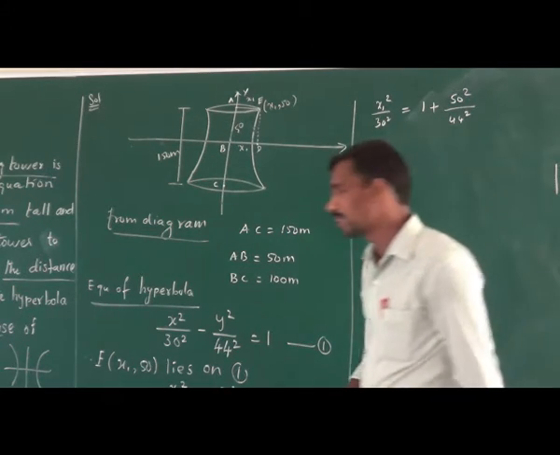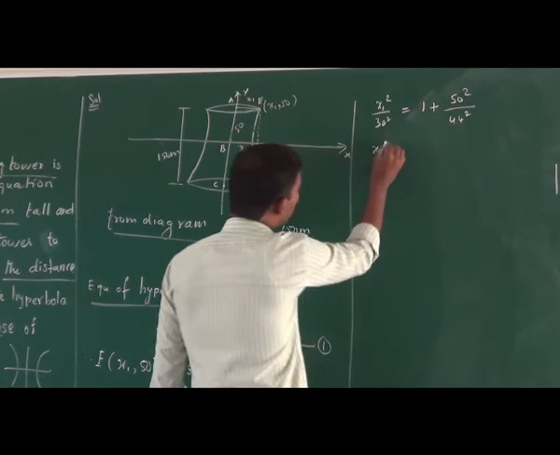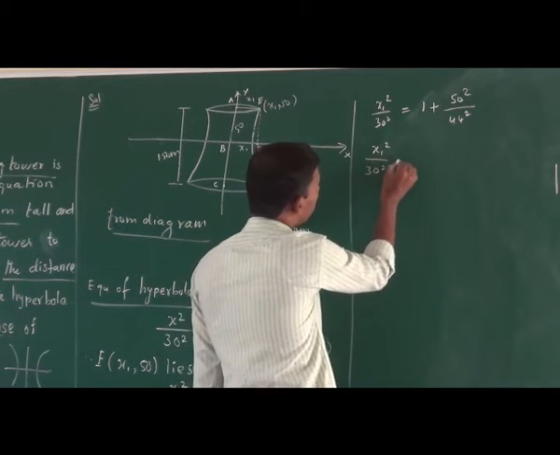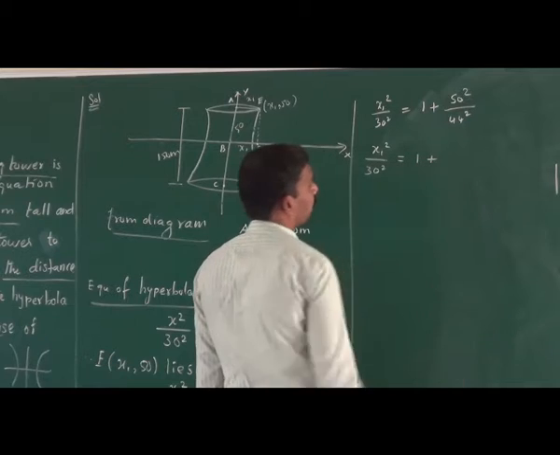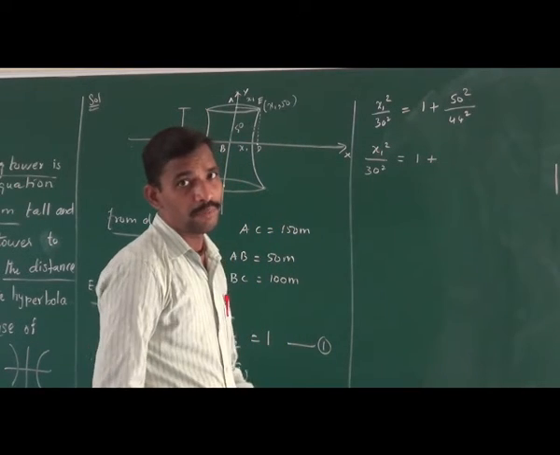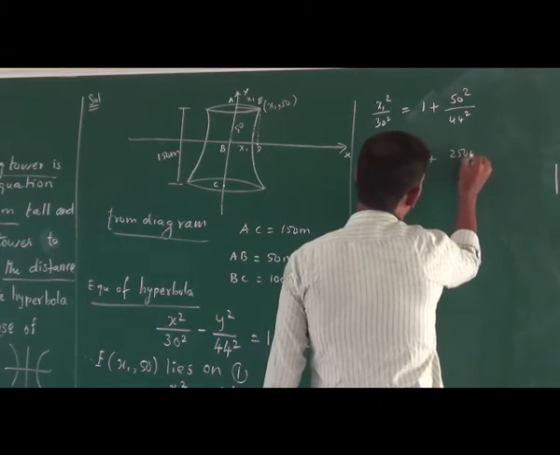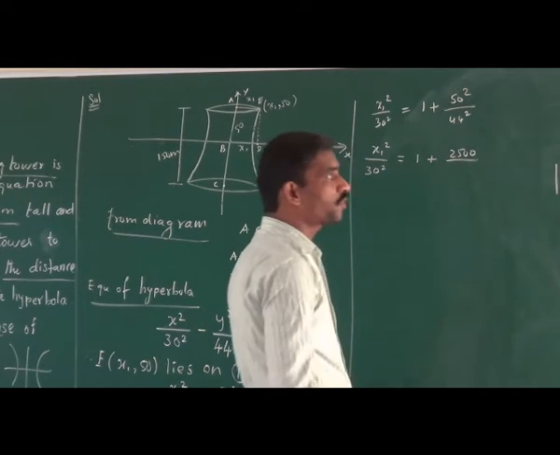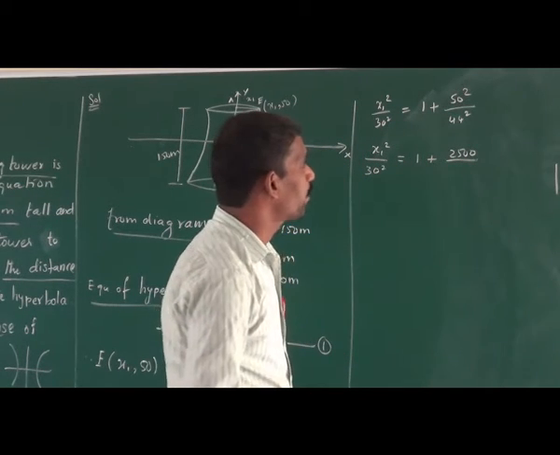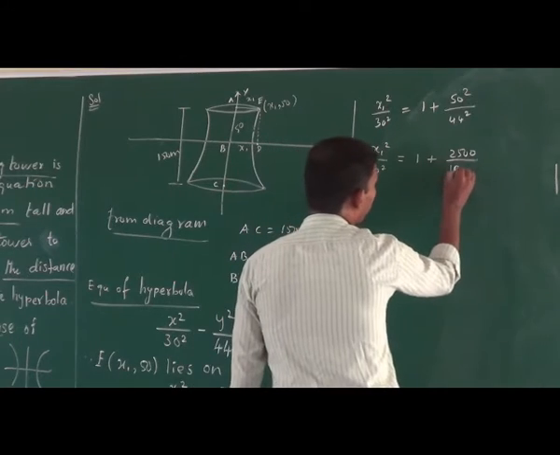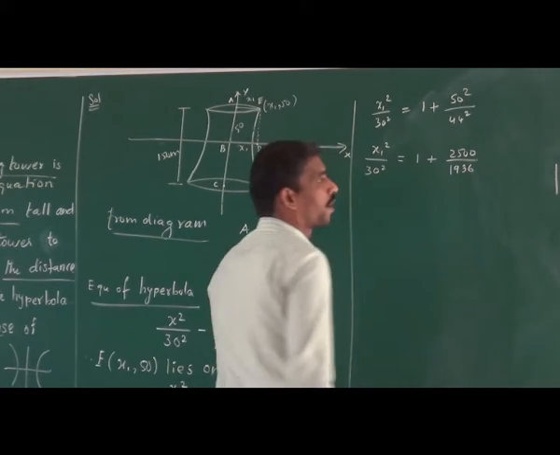Now we want to simplify this. x1 square by 30 square is equal to 1 plus 50 square, which is 2500, divided by 44 square, which is 1936.